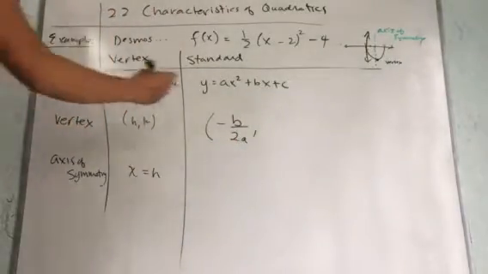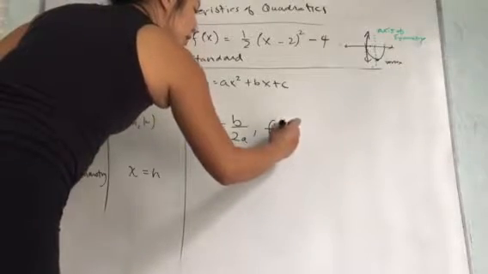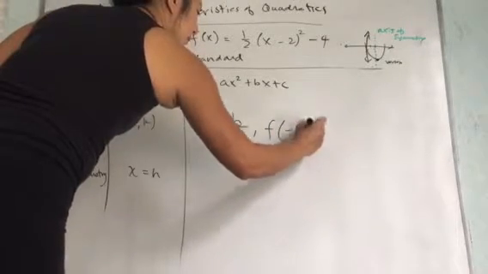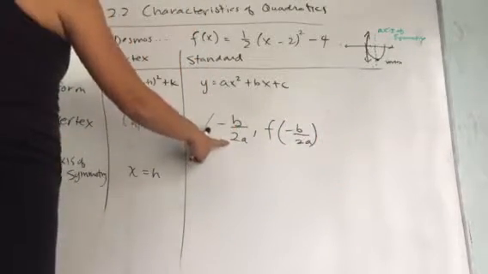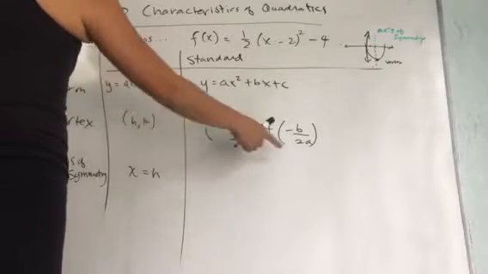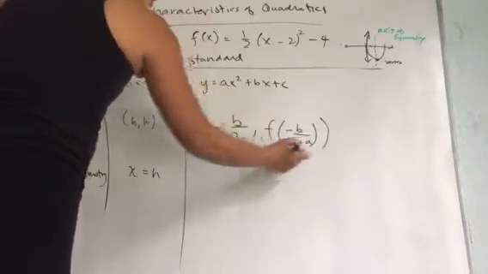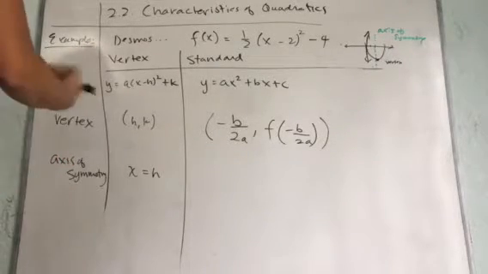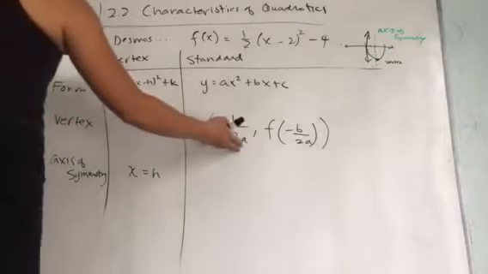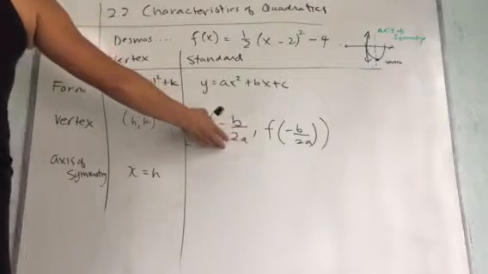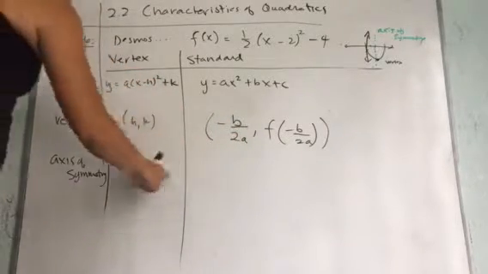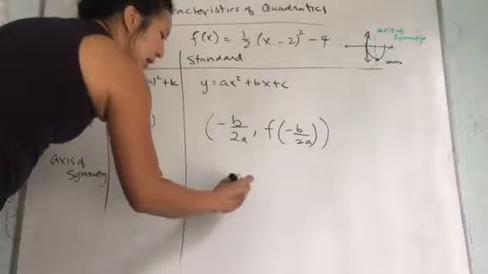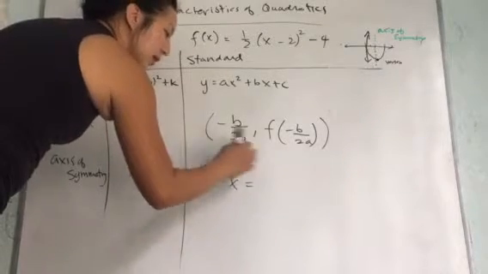And then the y-coordinate is the function of -b/2a. So in other words, if you can find the x-coordinate, you just plug in the x-coordinate into the function, and that will give you the y-coordinate of the vertex. And of course, if you know what the x-coordinate is for the vertex, then you know that the axis of symmetry is going to be through that x-coordinate.